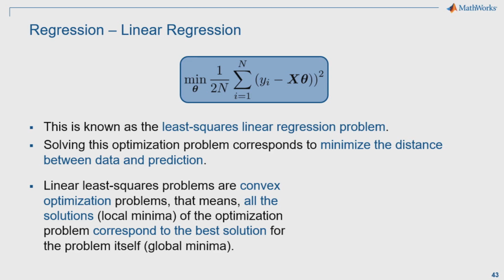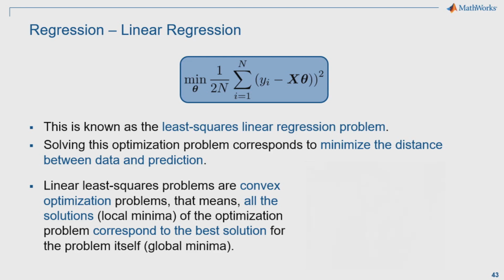Again, similar to the SVM classification, linear least square problems are convex optimization problems. Before I didn't tell you what convex optimization means, now I do. Actually, this means that all the solutions of the optimization problem, which in general are local minima, correspond also to the best solution for the optimization problem itself, which means that all the local minima of your function are also the global minima of your function.